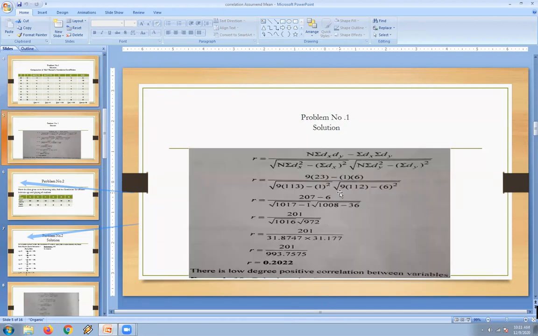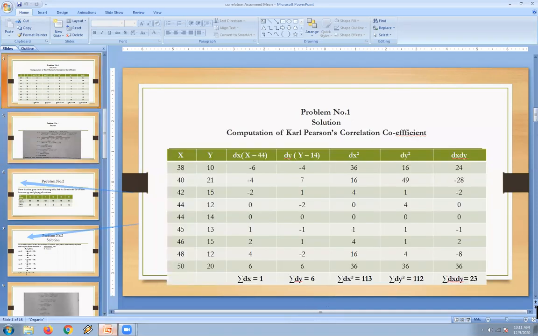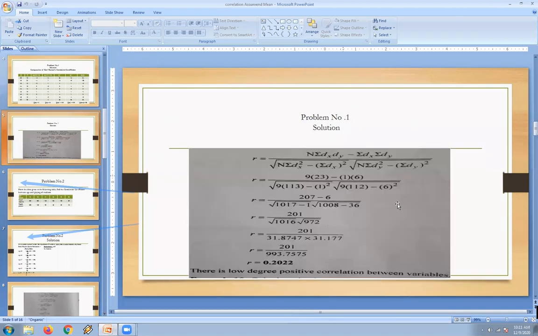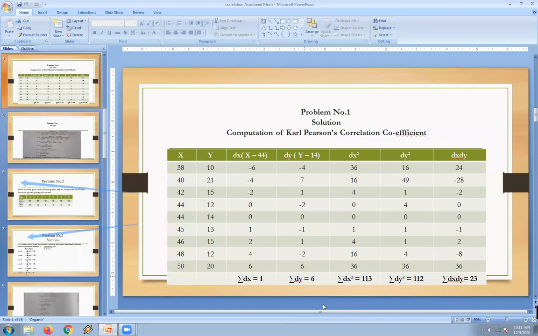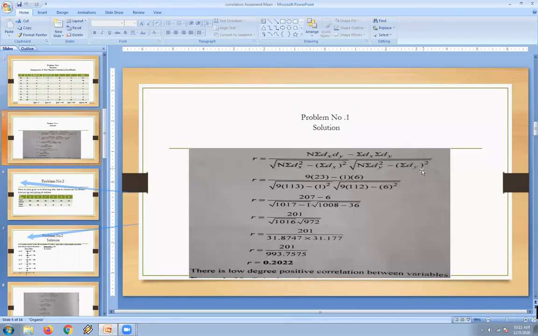Again root of n for the y values, n the total number of items, and sigma dy square, 112, minus sigma dy, that is 6. It is not y square, it is only sigma dy, 6 square.